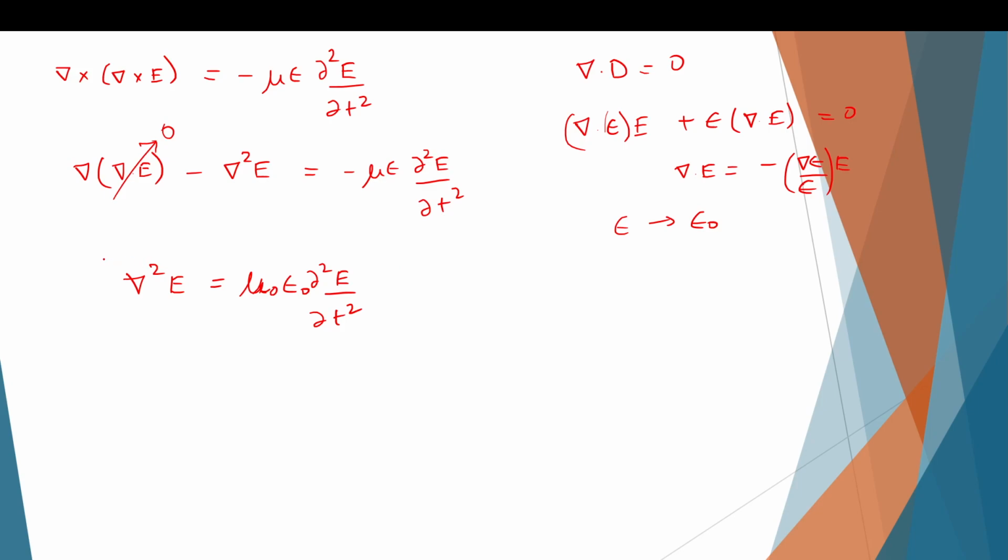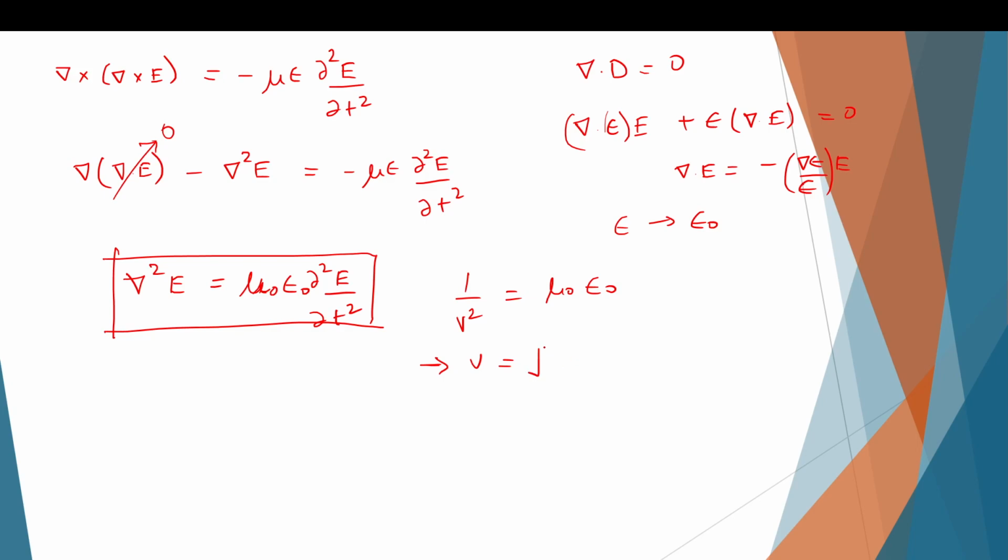Right, so now this has taken the form of a wave equation, and the speed of the wave is given by, so here 1 by v square is nothing but mu naught epsilon naught, which implies v is equal to 1 over root of mu naught epsilon naught.